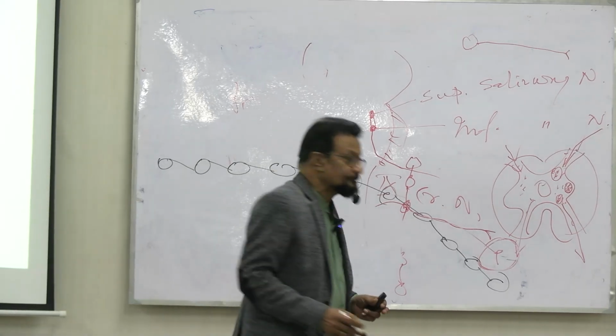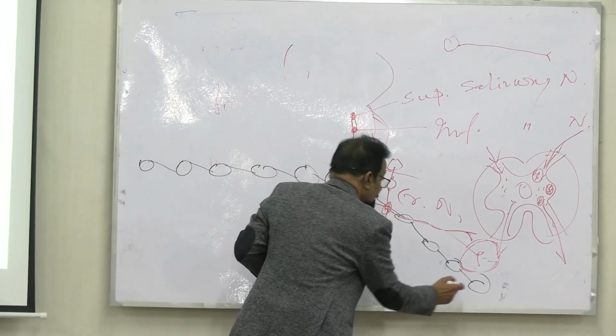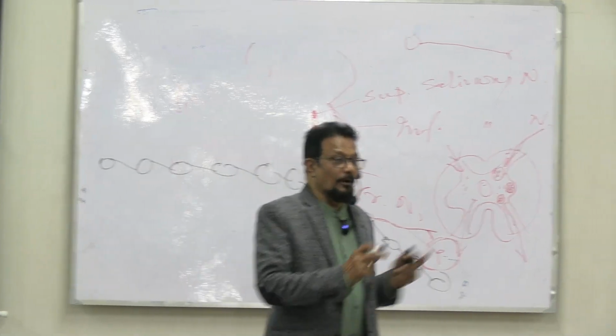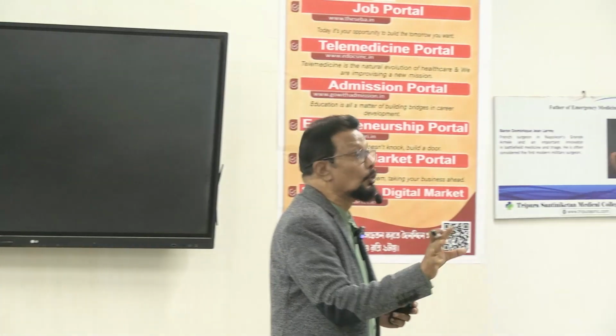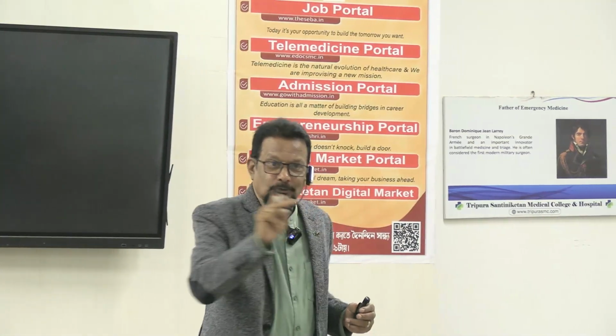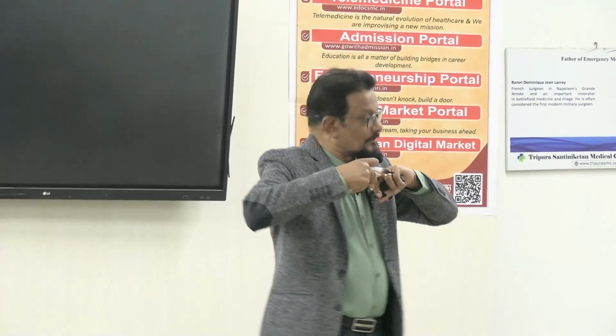More than 10. Okay. This type I will call amylose, not amylase, amylose. All the glucose molecules are attached by 1,4 glycosidic bonds.